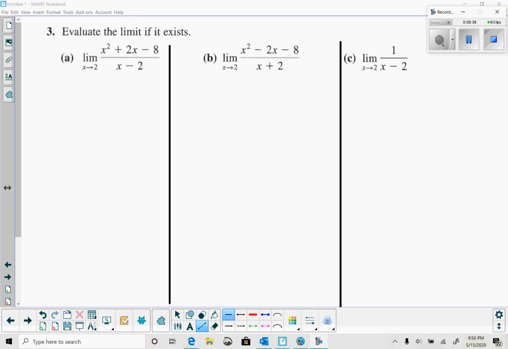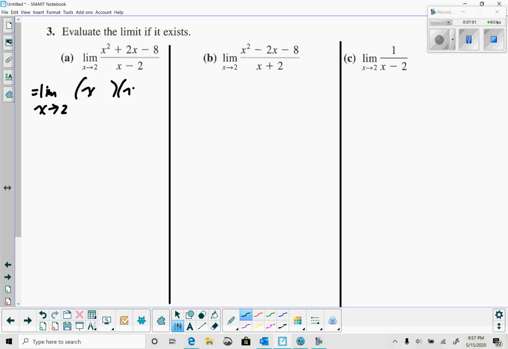All right, let's take a look then at number 3. Notice the little disclaimer there. Evaluate the limit if it exists. So for part A, yay, how about a little bit of algebra? Factor that numerator. x squared will factor down into x times x. The last term is negative, so that tells me my factors use opposite signs.